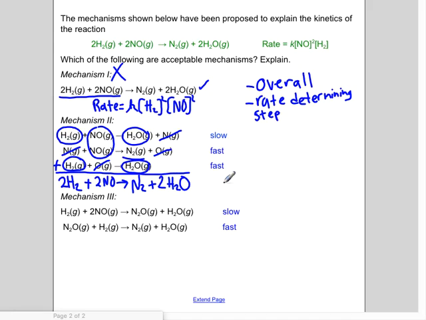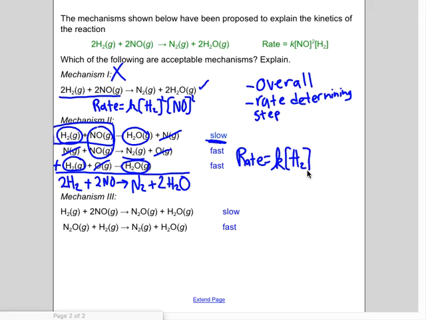Okay, so the rate determining step is going to be the slow step. And the only reason we know that's slow is because it says it's slow. That's something required in the mechanism. All right, so we're looking at just the reactants of the rate determining step, so just this H2 and NO. Now neither of those have coefficients, so then the rate law for this mechanism would be rate equals K times H2, would have a coefficient of 1, so it's to the first power.